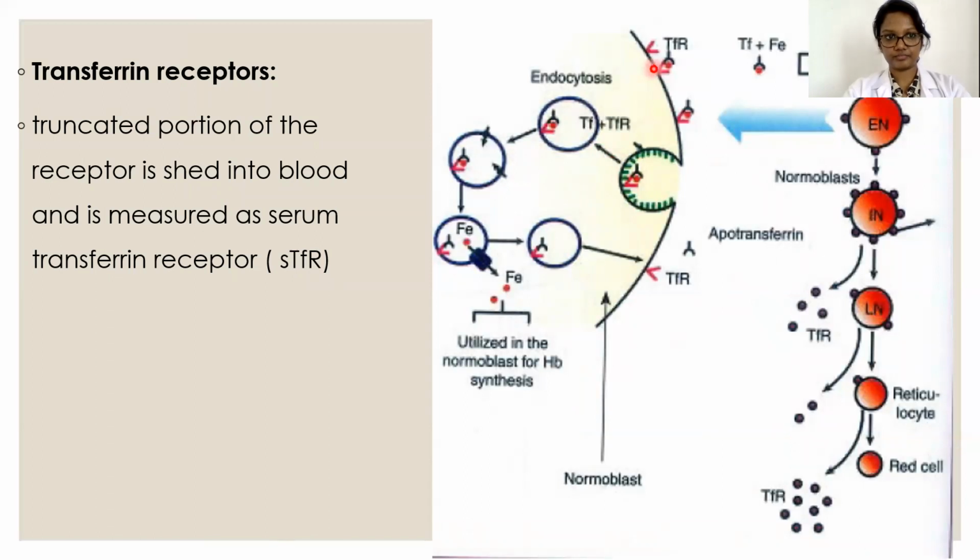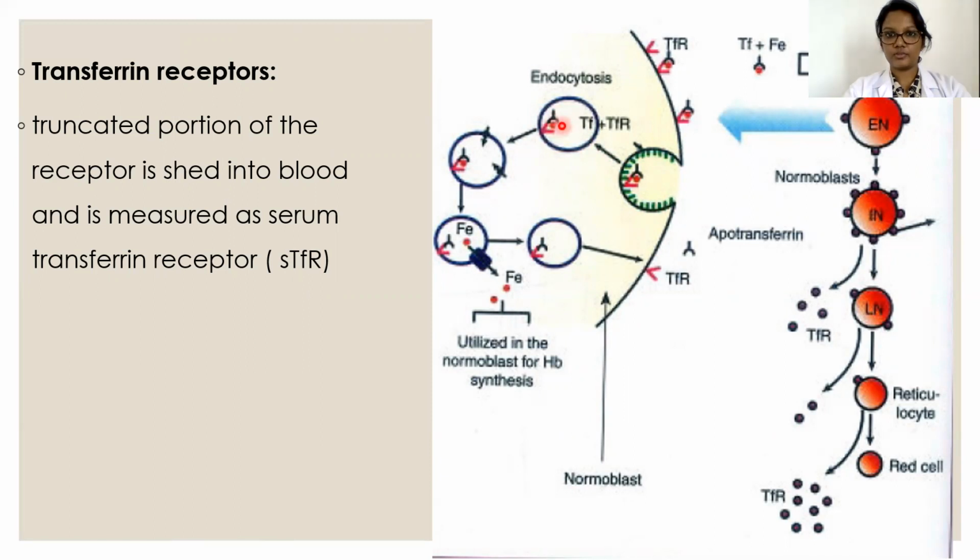And this transferrin receptor, which is present in the erythroid cell, okay, this truncated portion of the receptor is shed into the blood, and it is measured as serum transferrin receptor. This transferrin binds to this transferrin receptor, which is present in the erythroid cell. It takes the receptor in via endocytosis. The transferrin enters the erythroid cell.